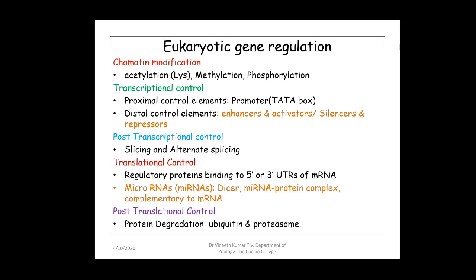Next is the second level of control, which is transcriptional control. That means whenever the DNA has shown up, now the decision is whether that particular DNA is to be transcribed or not. For that control, you have two elements, proximal control elements and distal control elements. The proximal control element is nothing but the promoter, which we discussed earlier.